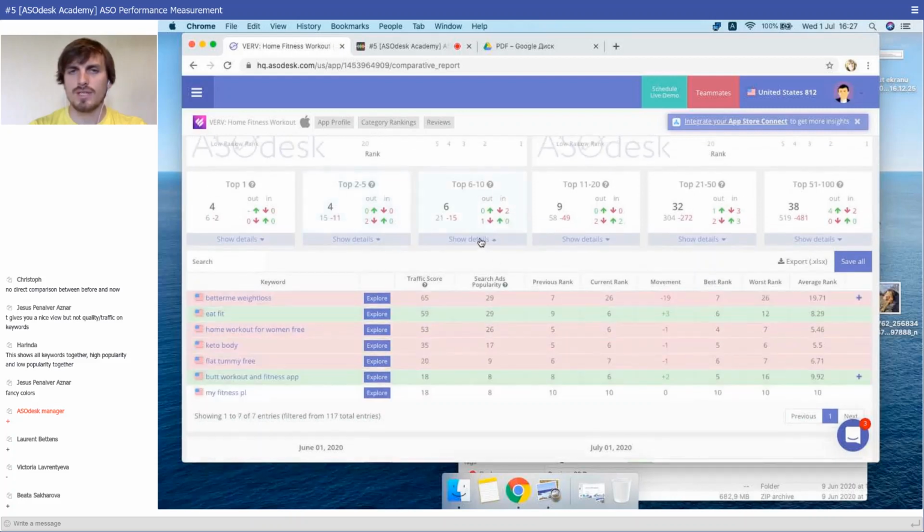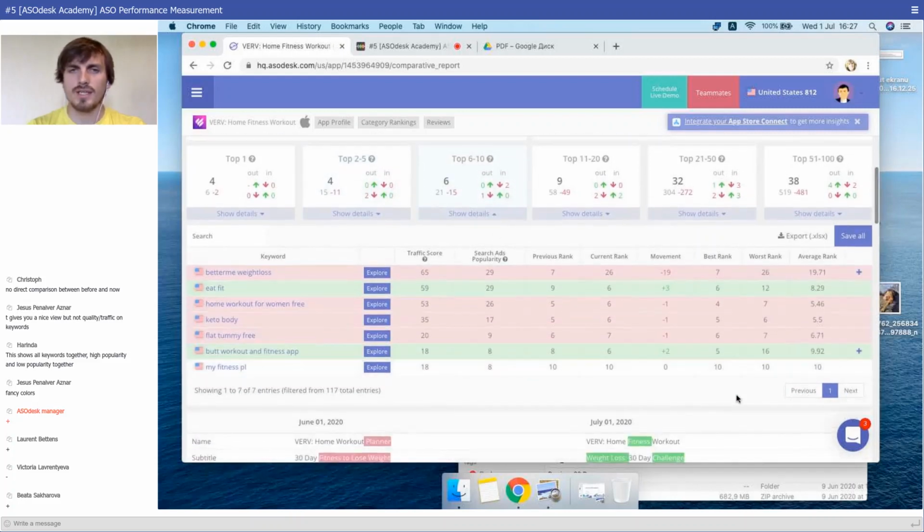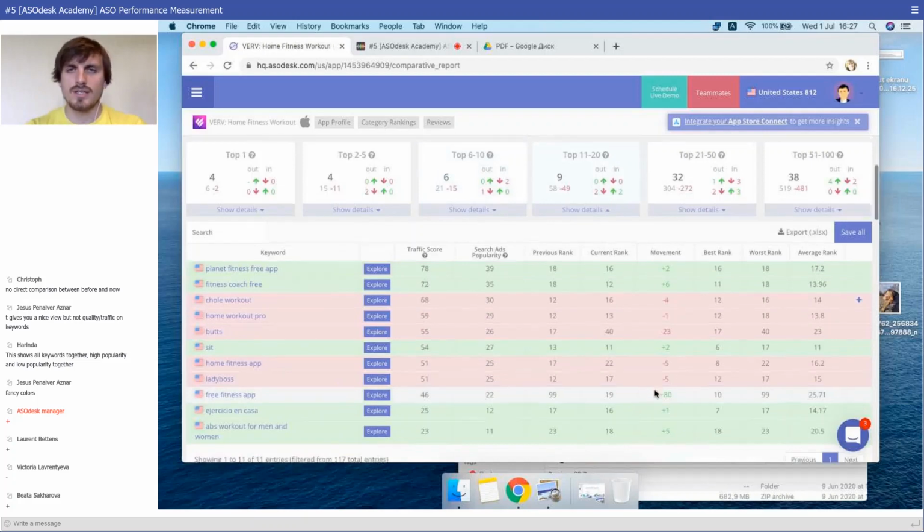Let's look into another visibility zone. Again, they lost some positions by a number of the keywords, but other keywords entered this visibility zone. Another visibility zone.